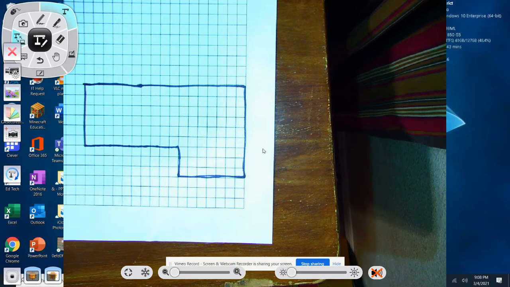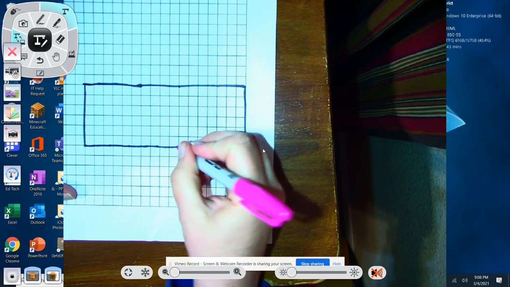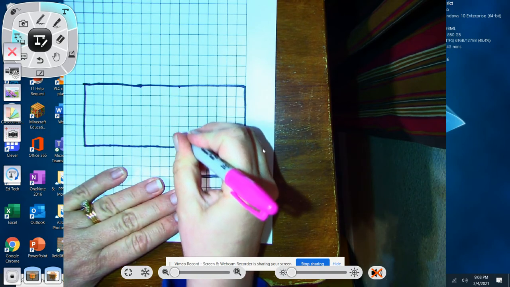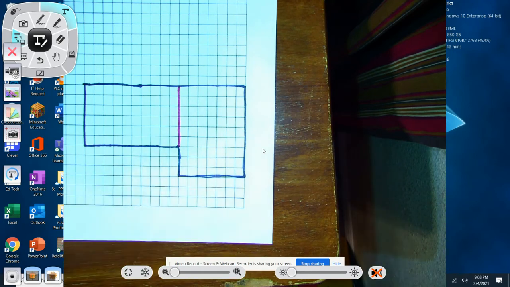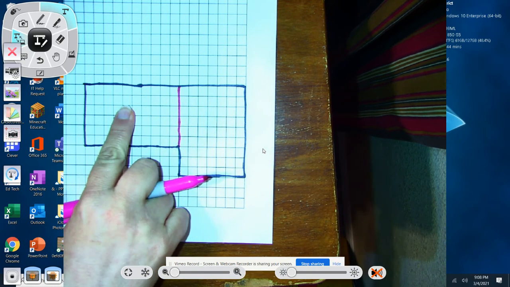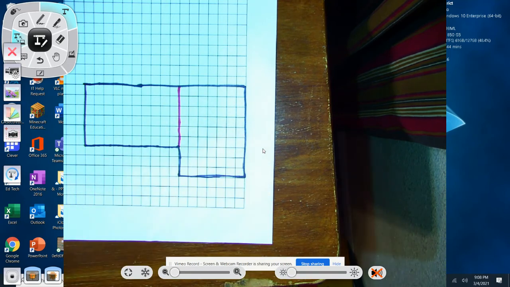So what can I do? Well, you know what I'm going to do? I'm going to break it apart. Watch what I'm going to do right here. If I just go all the way up from here, now I don't have this funny looking parallelogram. I have 2 rectangles, don't I? I have one rectangle here and another one right here, and all I did was cut it.